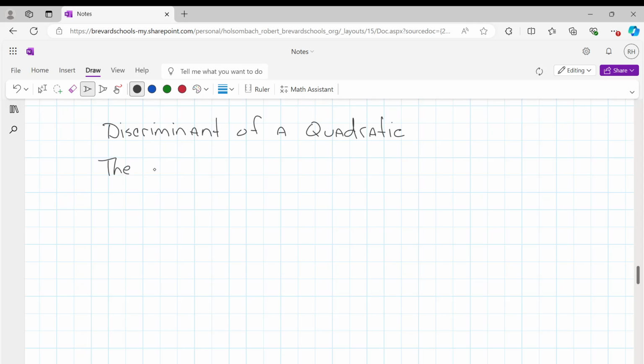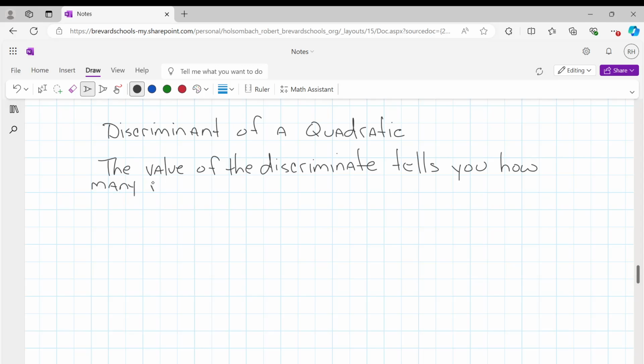The value of the discriminant tells you how many real solutions there are for the quadratic. The value of the discriminant.